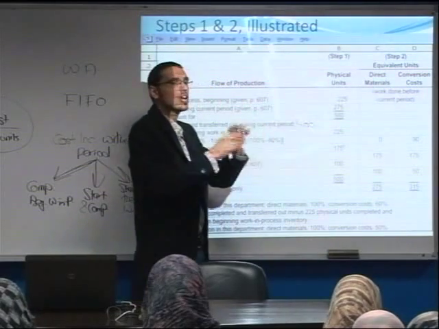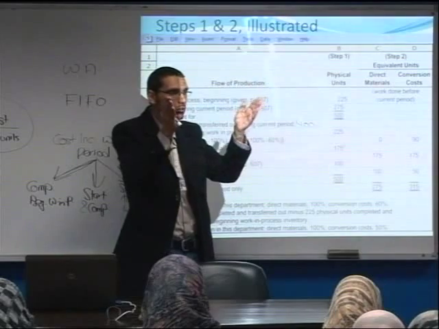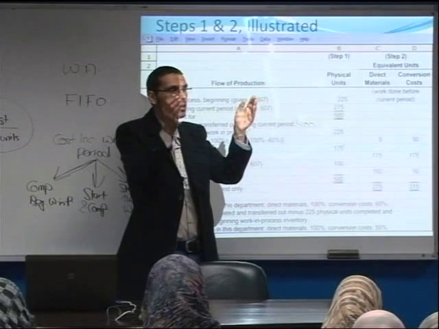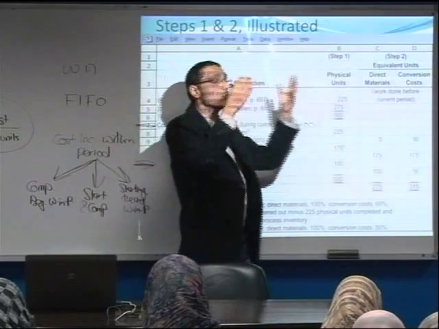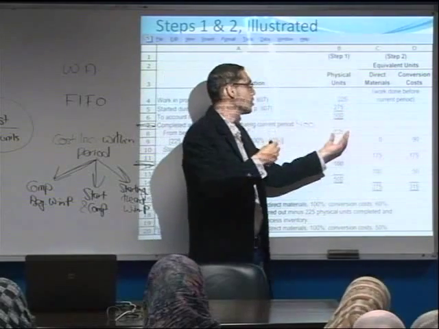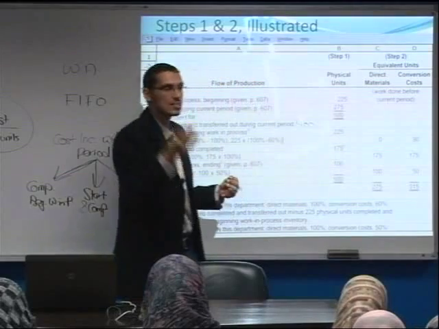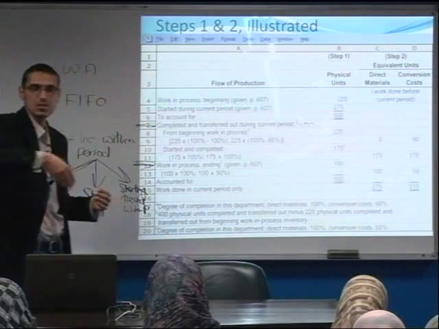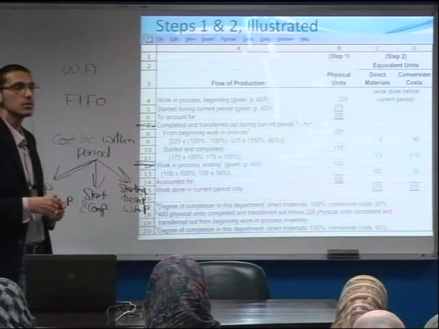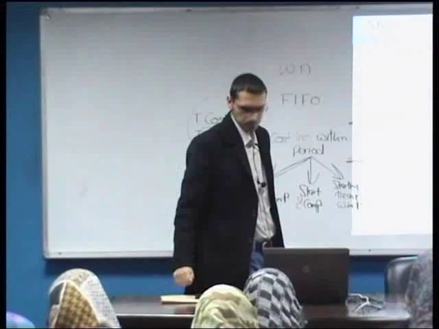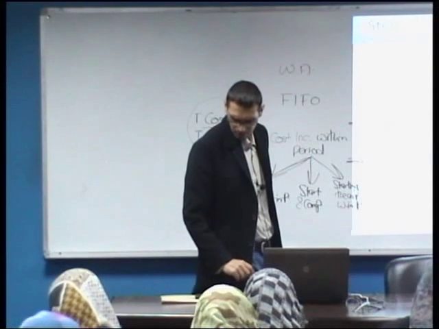The 400 is not one amount or one pool, let us say, but it is more than one pool. First from the beginning inventory, and the second from the units that have been started and completed within this period. Any questions?